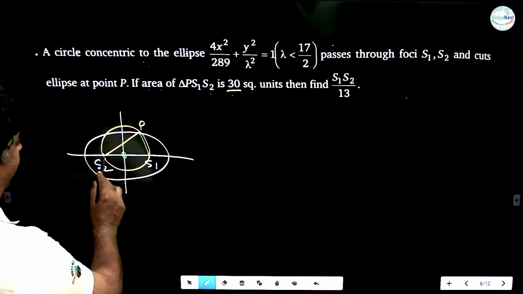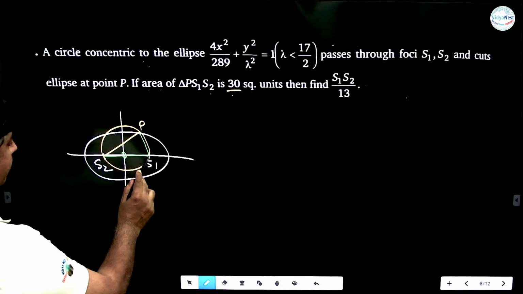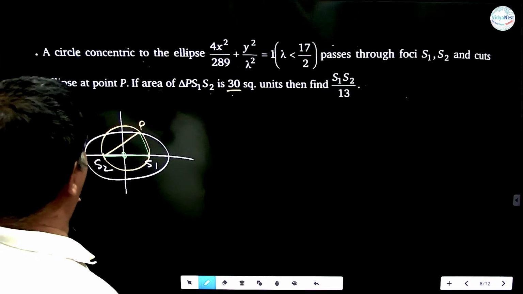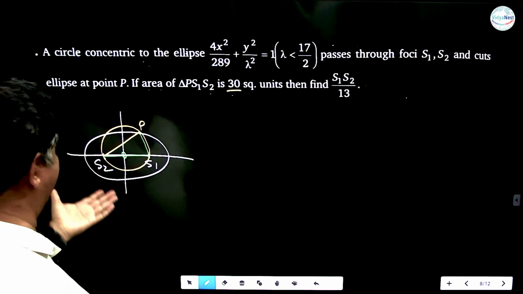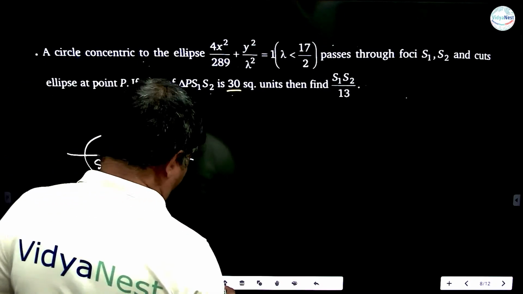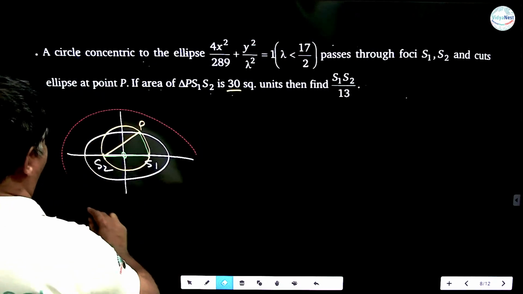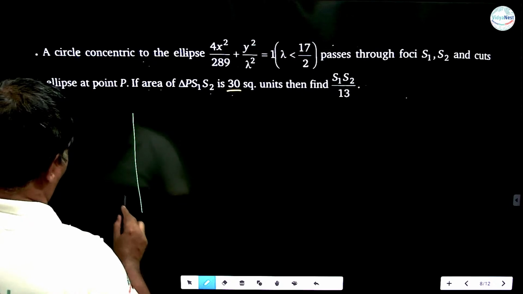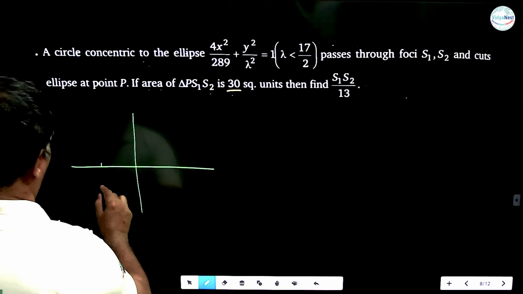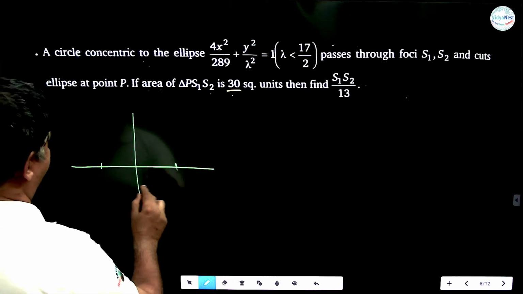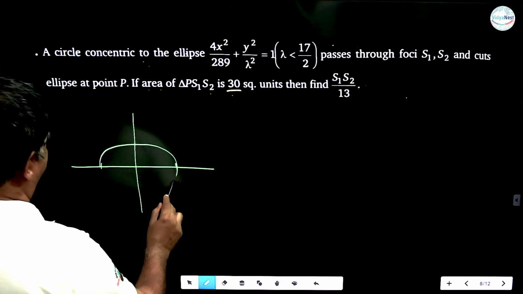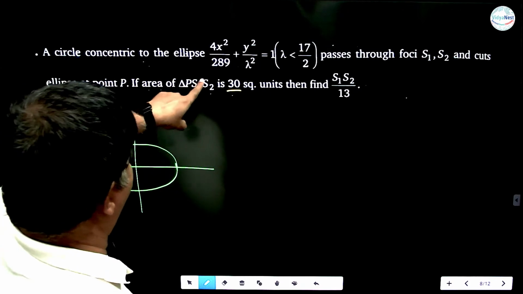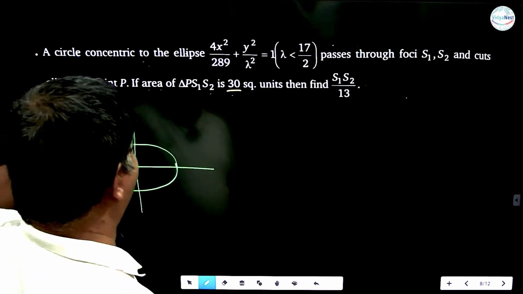So that must be the diameter. But this figure doesn't depict that thing. So better to draw one clear figure which can make you understand clearly. See, that is one ellipse given. Now the circle concentric to the ellipse.